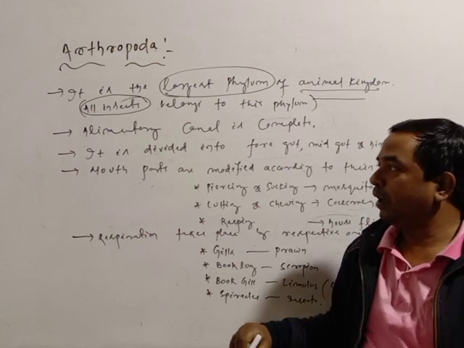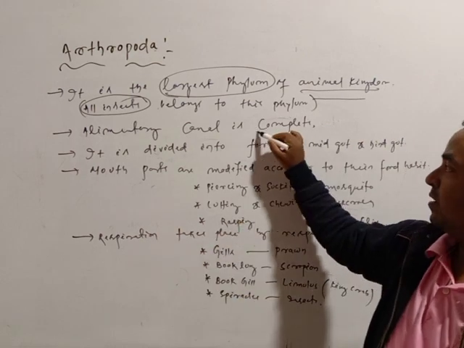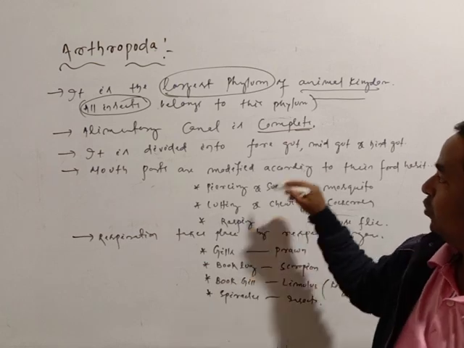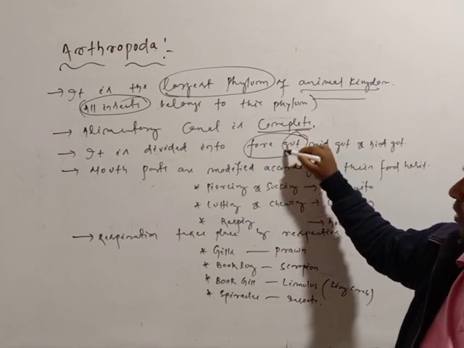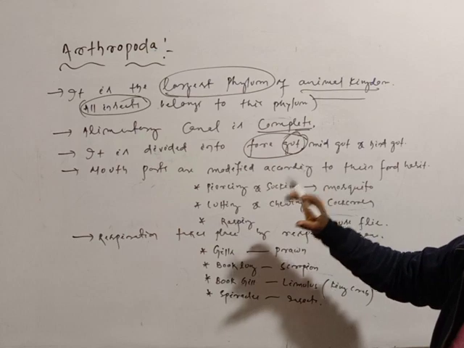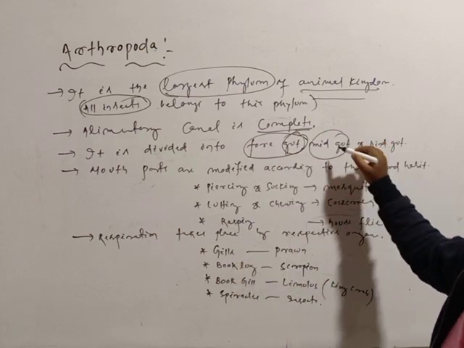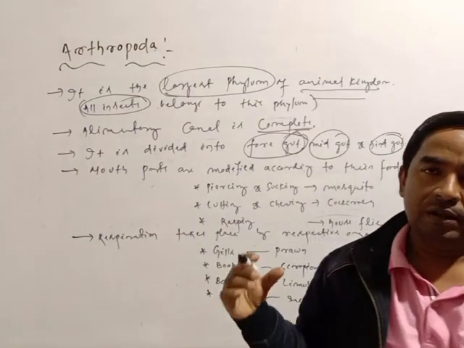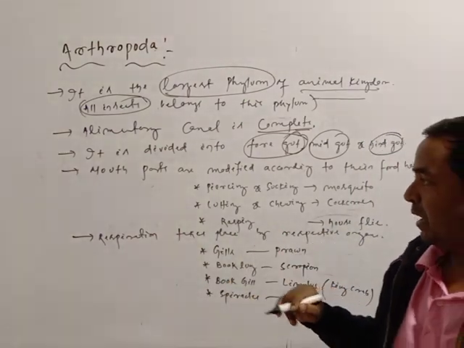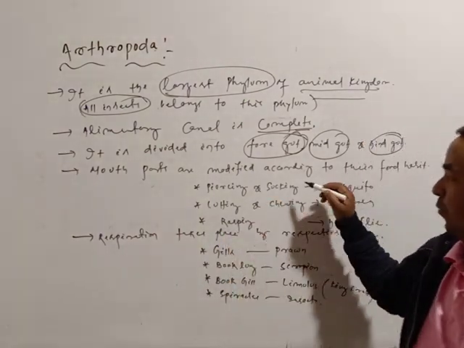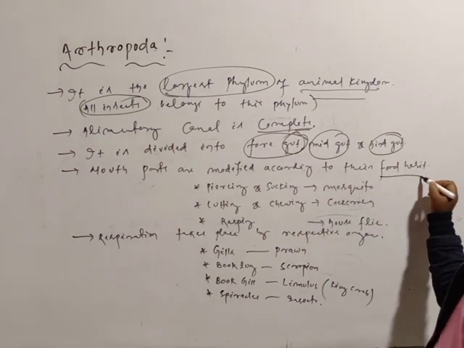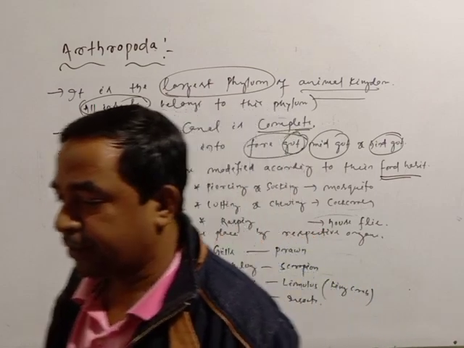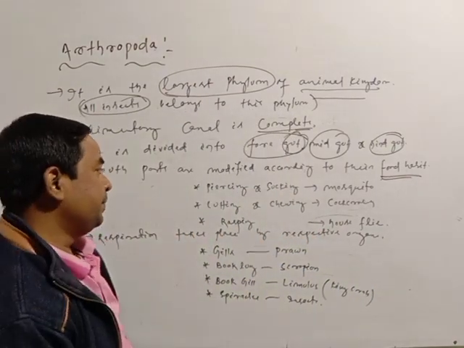Clear? Now, alimentary canal is complete. That means the whole alimentary canal is divided into foregut, the anterior part, then midgut and hindgut, associated with various digestive glands. Now, mouth parts are modified according to their food habit. In the animal kingdom, various types of food habits are found.